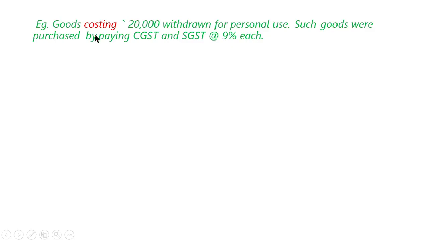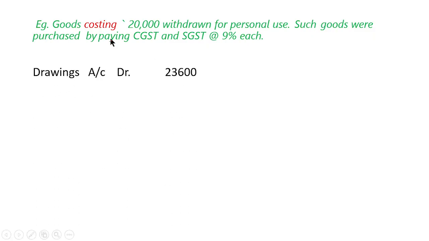So here end user is the purchaser, so he is not selling the goods again. So the last user is the purchaser, so he cannot avail input tax credit. So if he already recorded input tax credit, he has to cancel it.